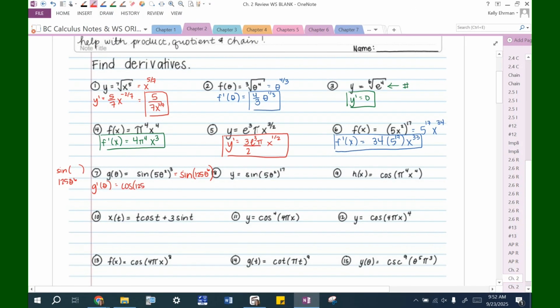So this is like saying f prime of u times u prime. So the derivative of 125 theta to the 6th is 6 times 125, that's 750, theta to the 5th.